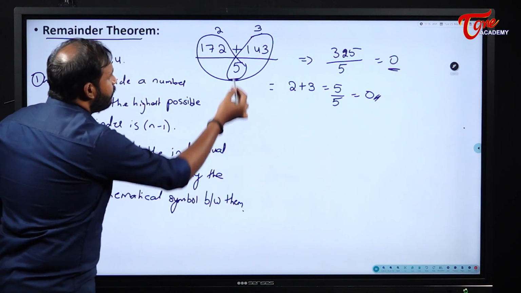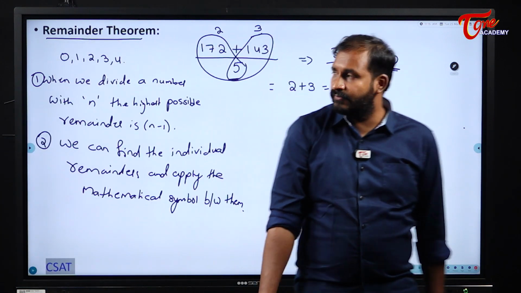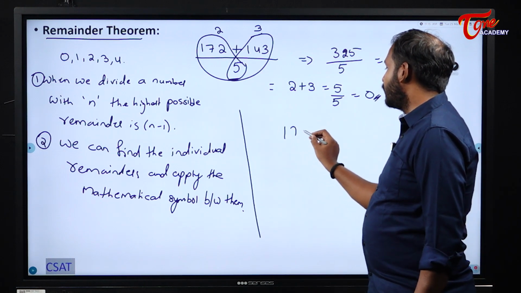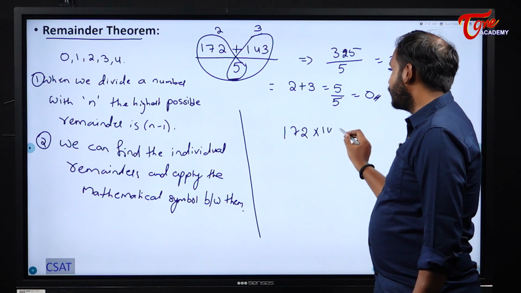For example, if I have plus, we will take plus. If we have into, we will take into. Similarly, for the same example, if I have 172 into 143 by 5.